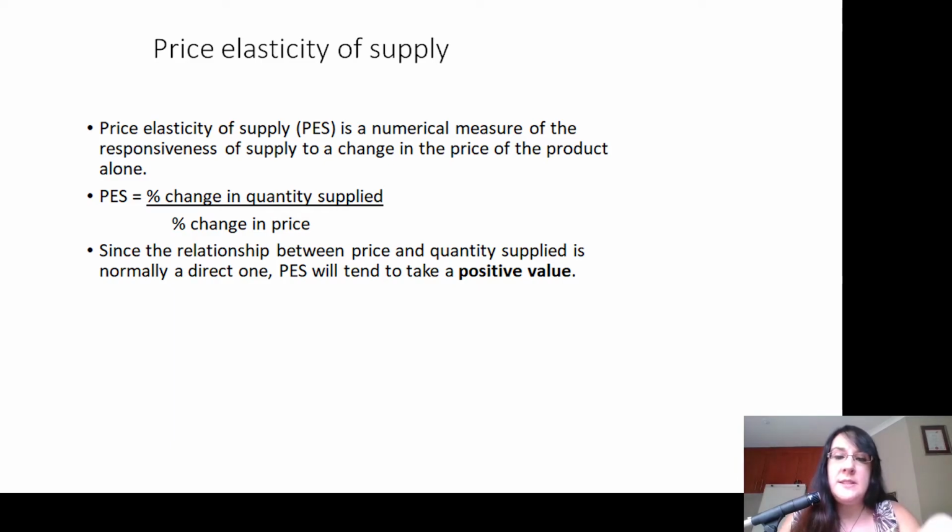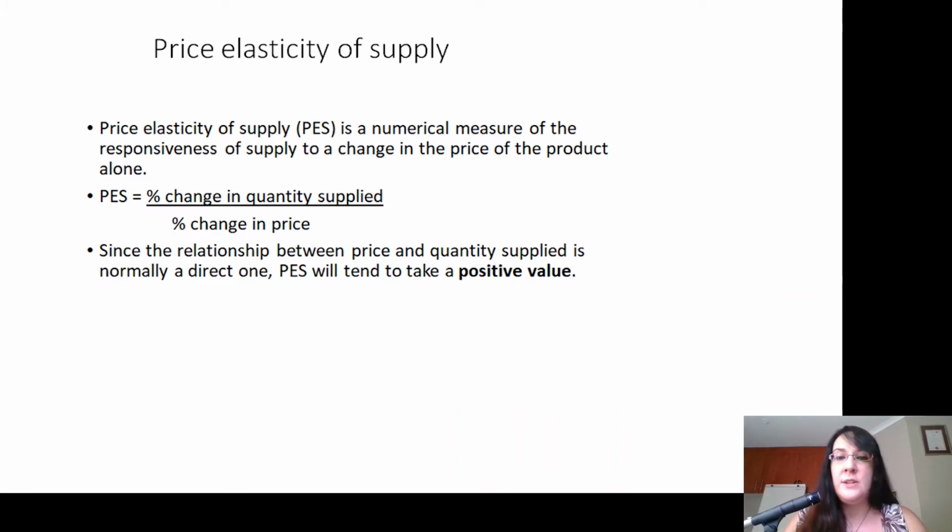So price elasticity of supply basically has to do with how sensitive quantity supplied is to a change in the price. As with PED, price elasticity of demand, it is how sensitive quantity demanded is to a change in the price. Here, I am just dealing with the supply side of things.